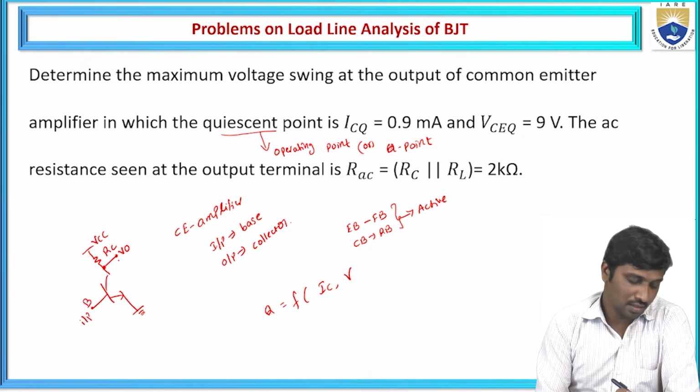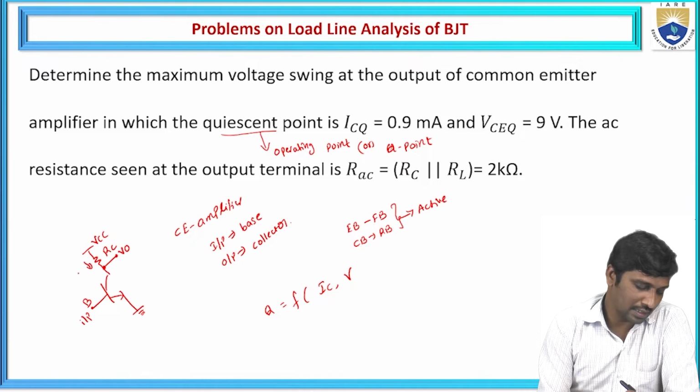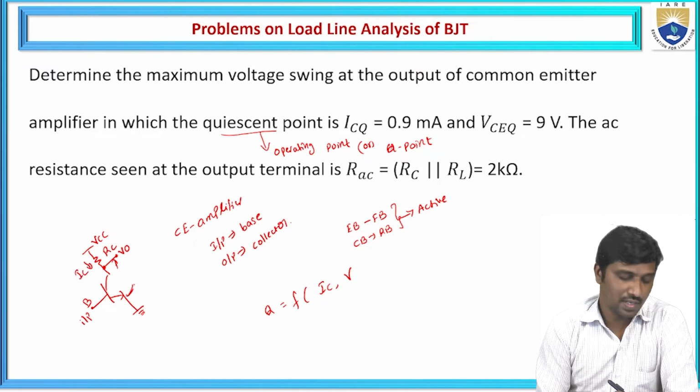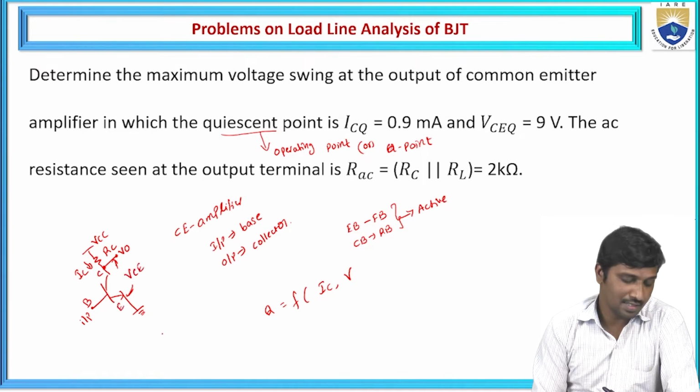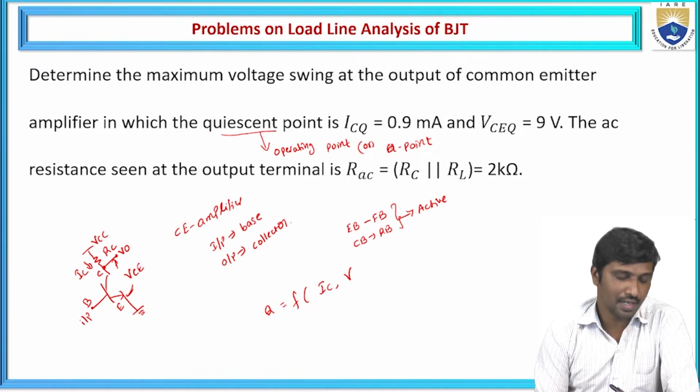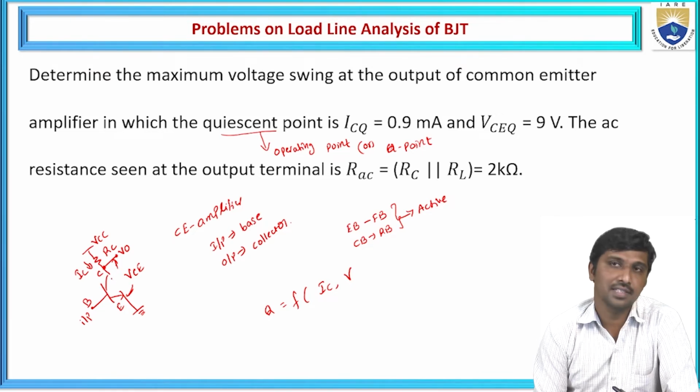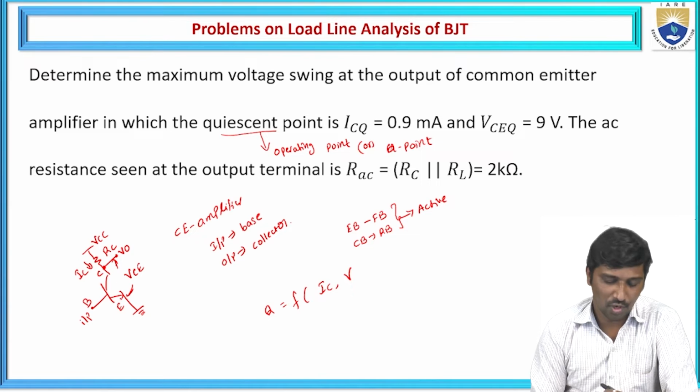Now we need to measure how much collector current flows, as well as the potential difference between the collector and emitter terminals, represented as VCE. At the output side, these two parameters, the collector current and VCE, define the optimum operating point.